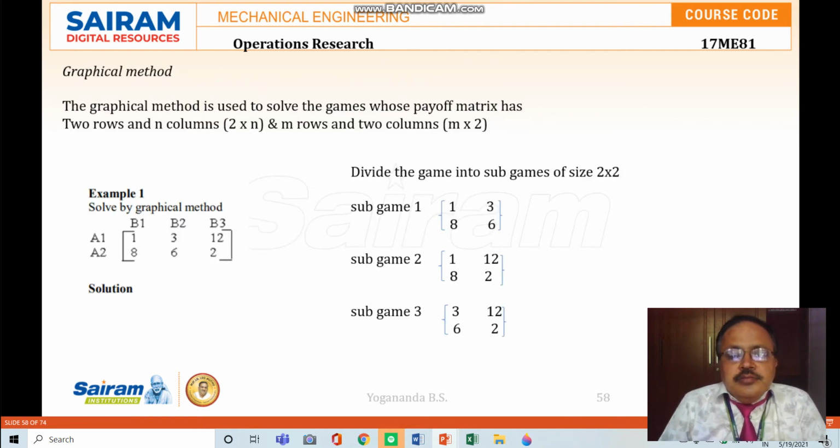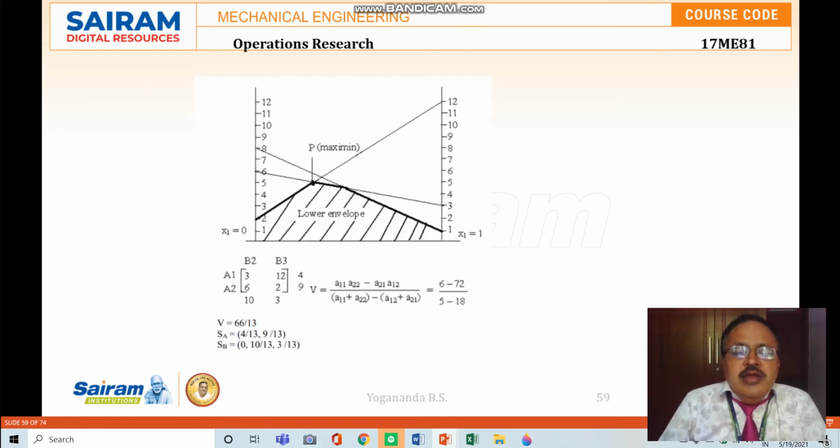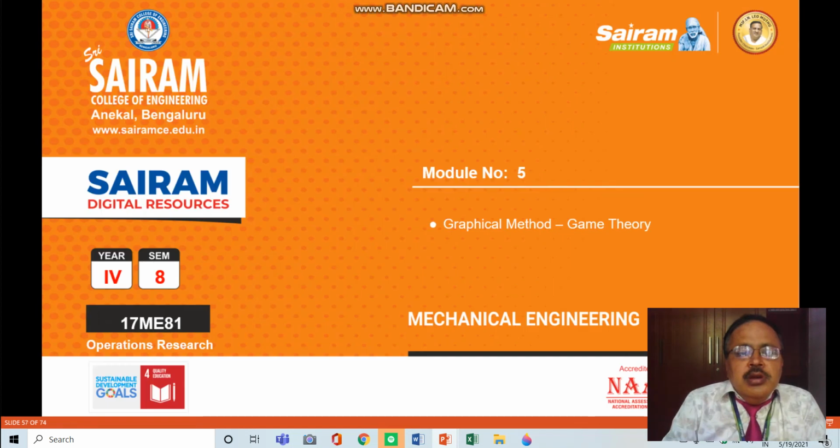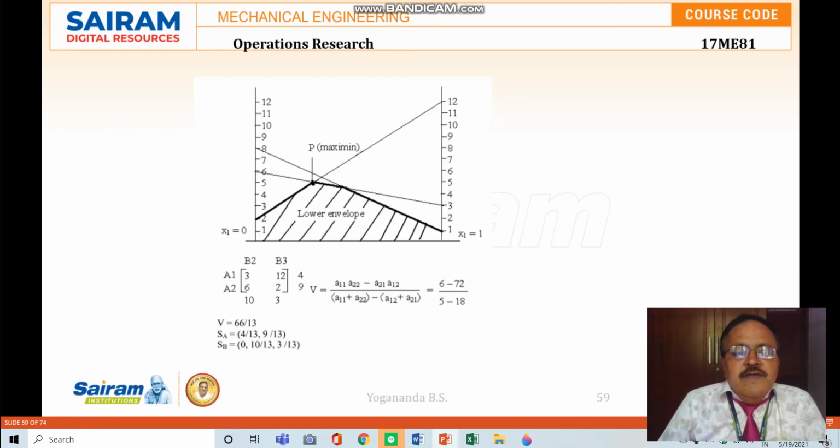Then 1, 8 is already drawn. The next line is 12, 2. So 12 on the first line, 2 on the second line. So 12, 2 will be joined. Now the situation do or die is for player A. So here we are going for the lower envelope where I am finding the maximum point.